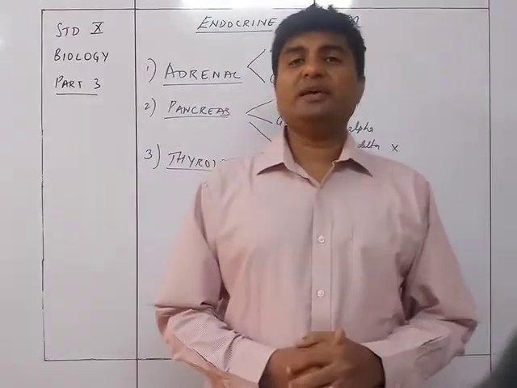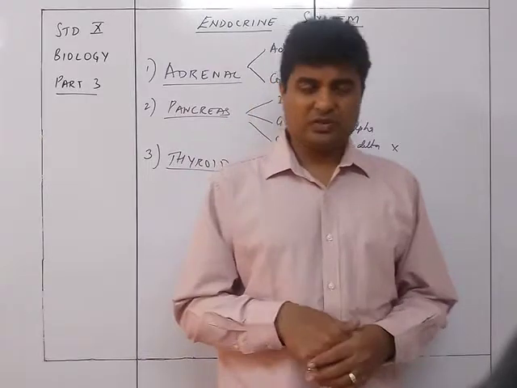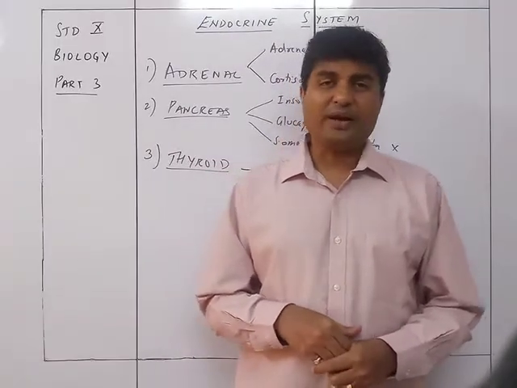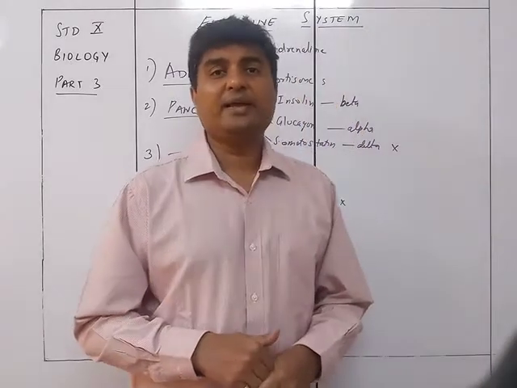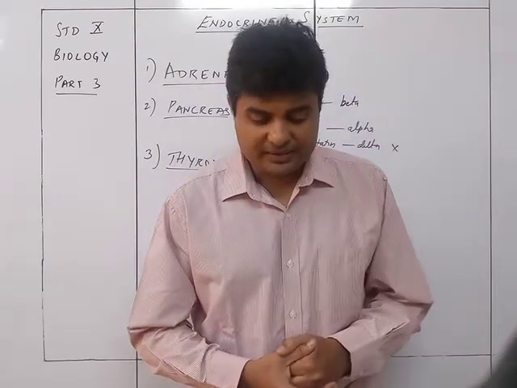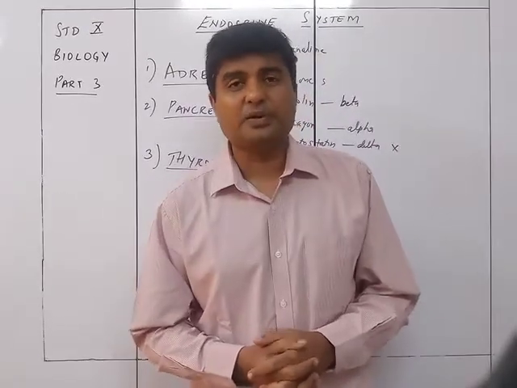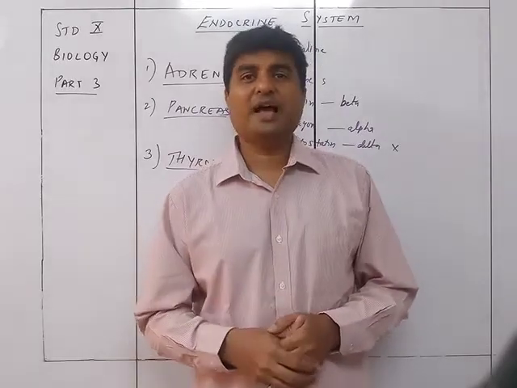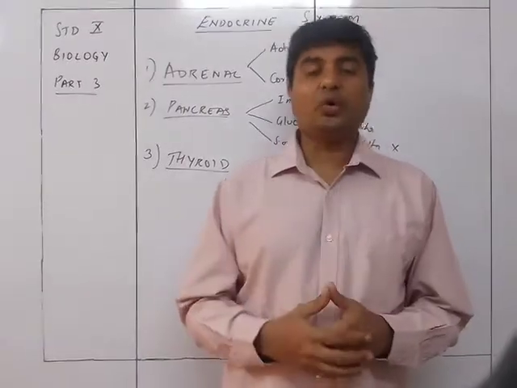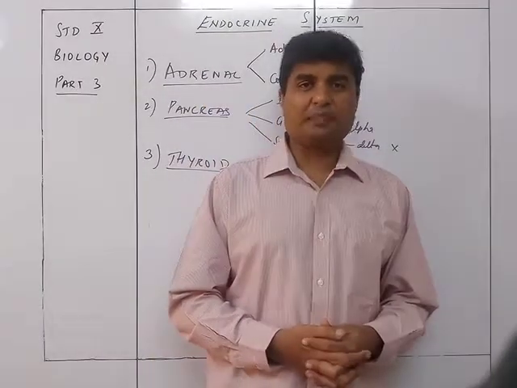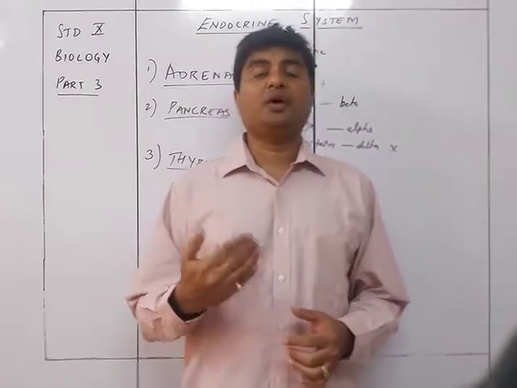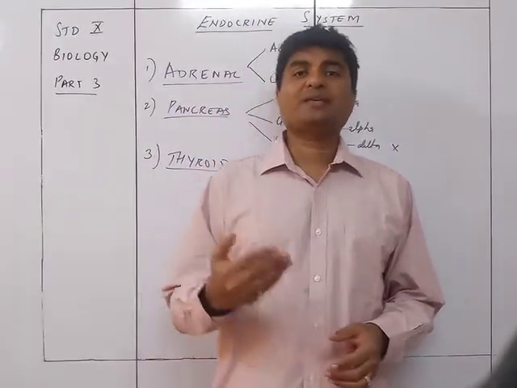So if hyposecretion of the thyroid gland, hypothyroidism, is there in very small children, they will suffer from a disease called cretinism, wherein the person will be dwarf, meaning his or her height will not be so much, and it also causes mental retardation. That means he will not be mad, but his mental growth will be slightly delayed.